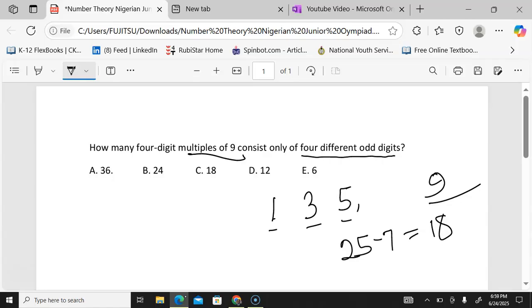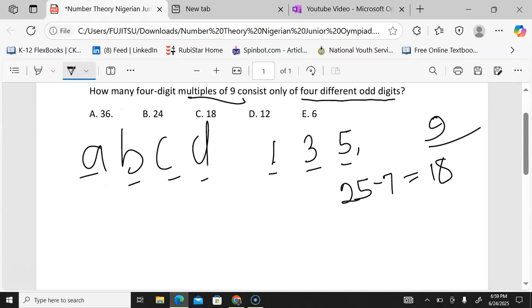So how many such numbers will meet the condition stated in the question? The number could be like this: A, B, C, and D, where these are the different digits, and A, B, C, and D must come from these four. We don't have a restriction as to size.